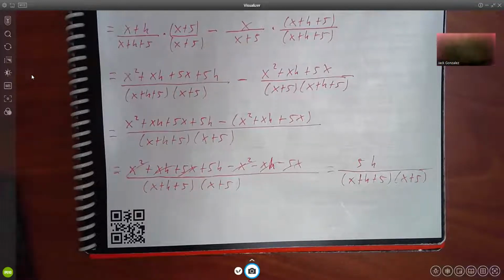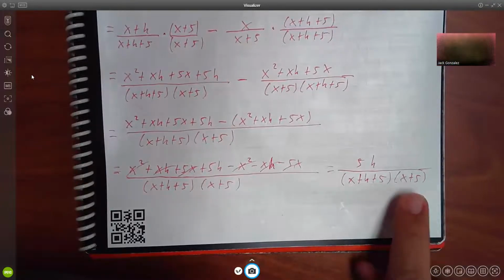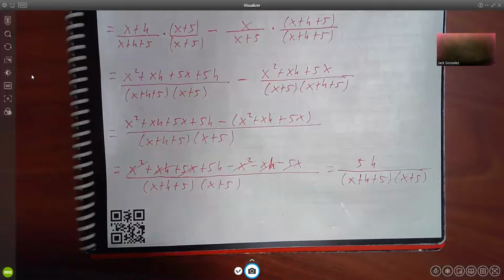Well, the h is not going to cancel. There's no way. It will cancel with the next step, though. If we would have been left with an x plus 5 on top, maybe that would cancel. Or is it because you have positive x squared and negative x squared? Yeah, that's why.